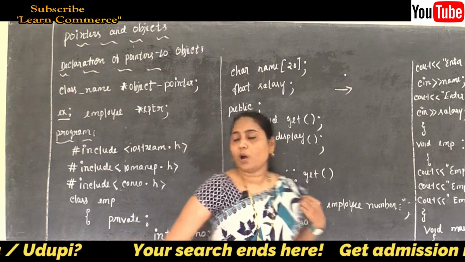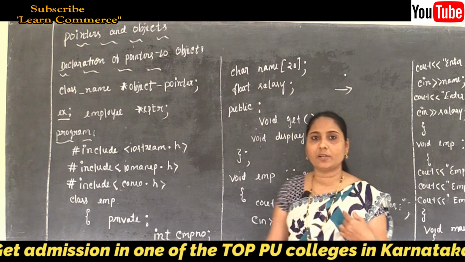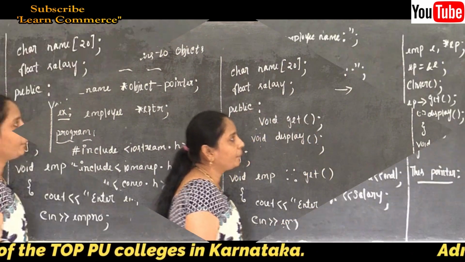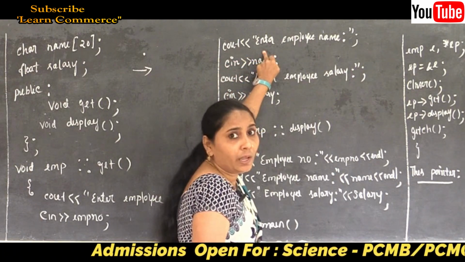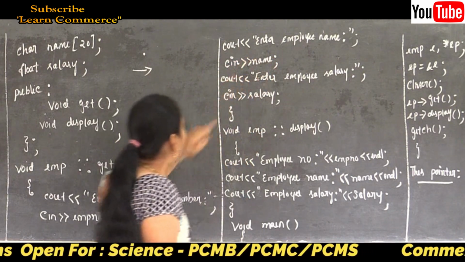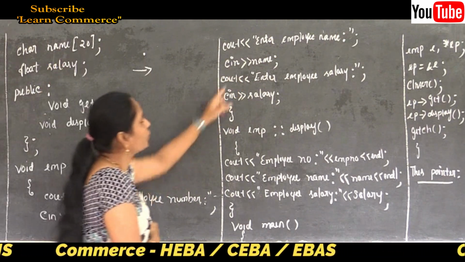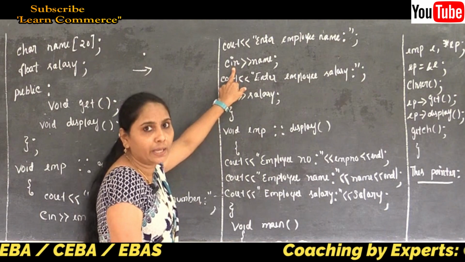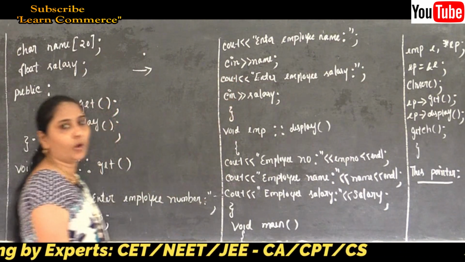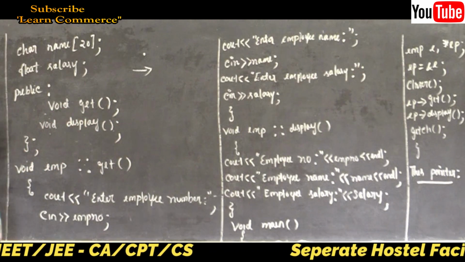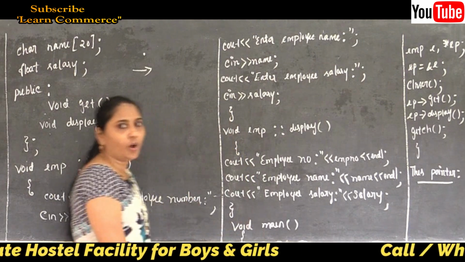Why? Because of how I declared the EMP number. So by using the cin operation the EMP number is entered, and the second message is going to display as enter employee name. In the declaration I used the name only, correct? So it is going to enter the data for the name here, and the third message is enter employee salary, that means the salary is going to be entered by using the cin operation.